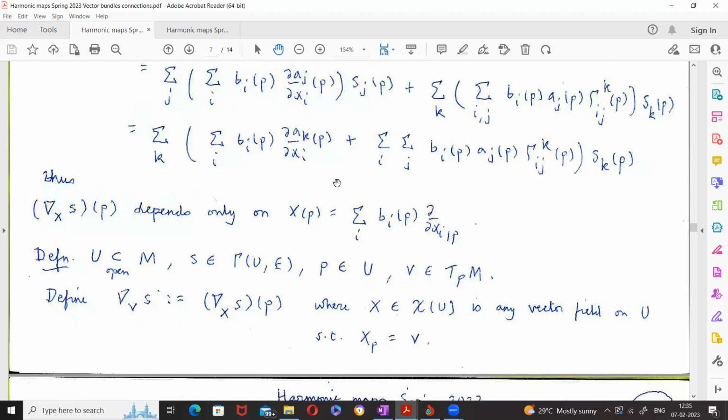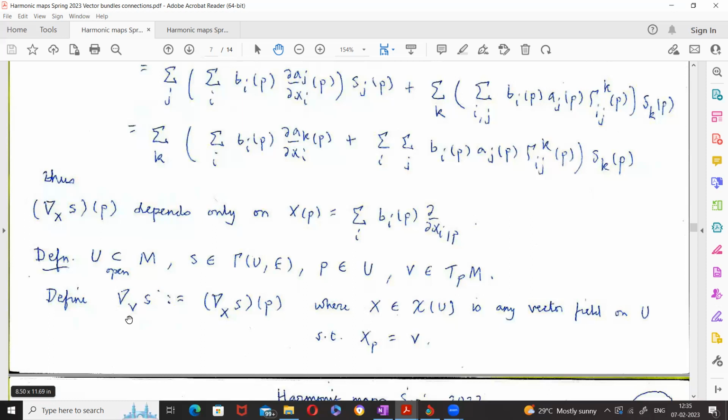Then by the calculation that we've done here, this is well defined, right? Because this derivative here, I mean, this value of the connection, only depends on X at P. Is this clear? Yeah, so in the first variable, we can just reduce the vector field to its value at a point.